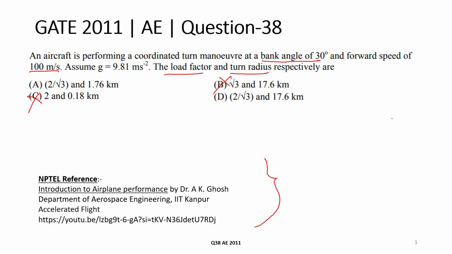So only option A gives the nearest value of this turn radius. So this is the correct answer. Thank you.